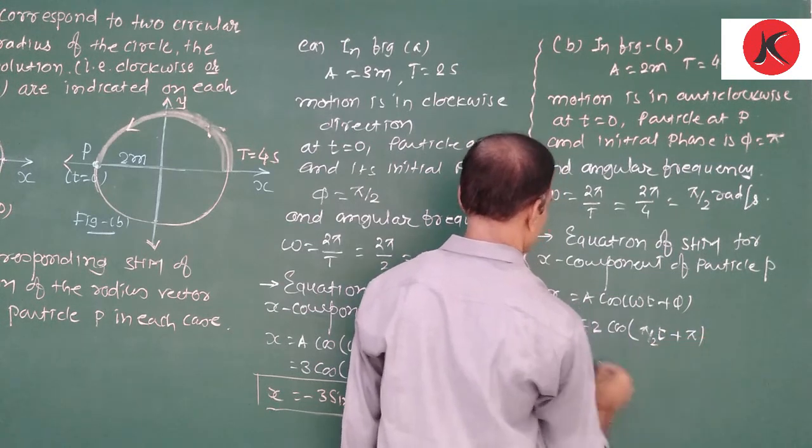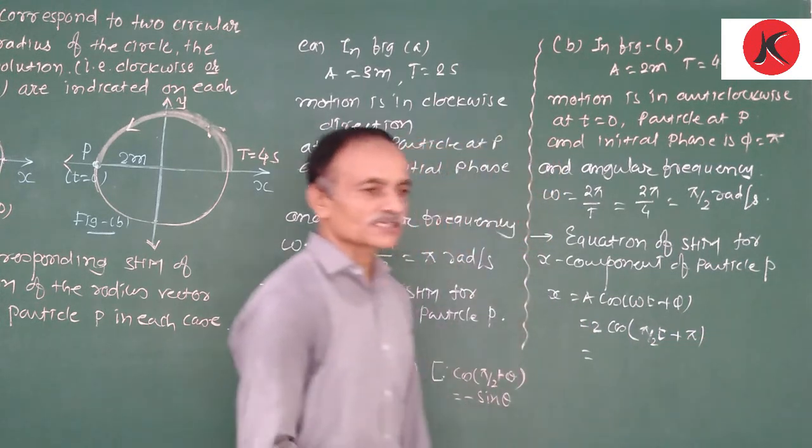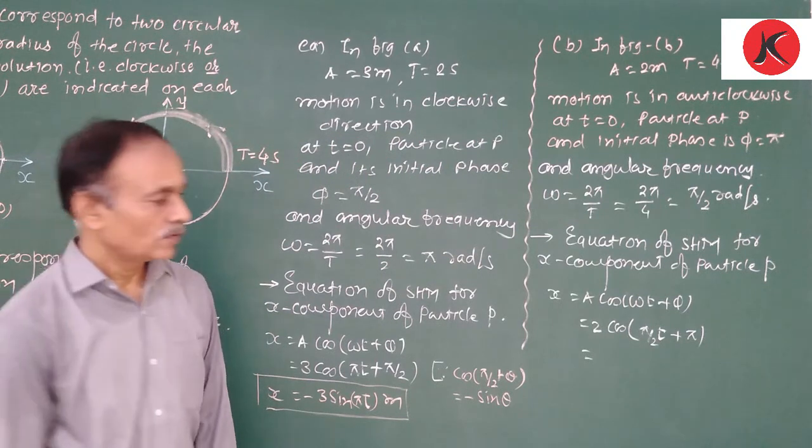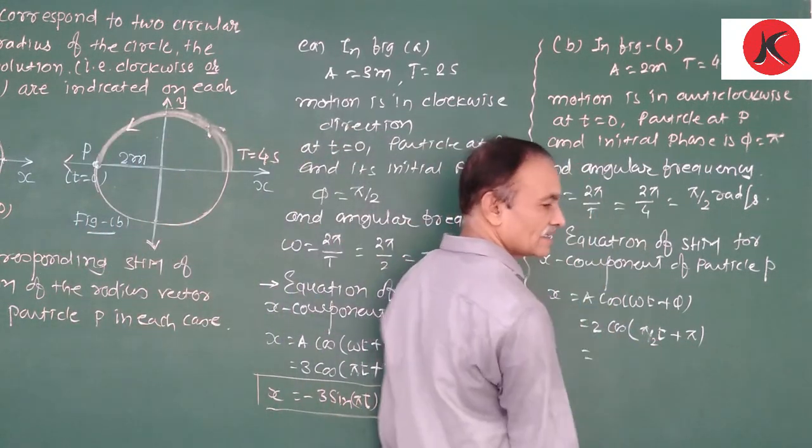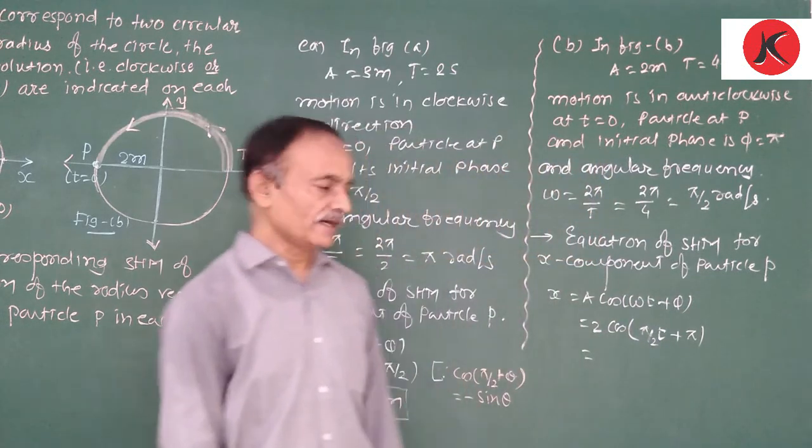Phi is pi, so it is cos of pi plus pi by 2 into t. Cos is in which quadrant? Third.